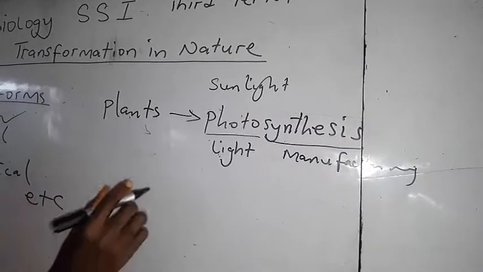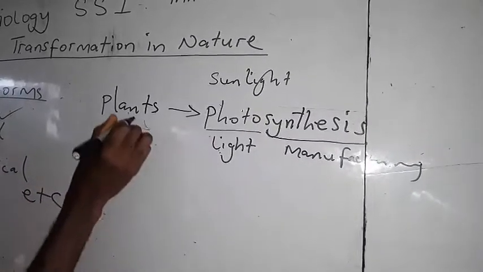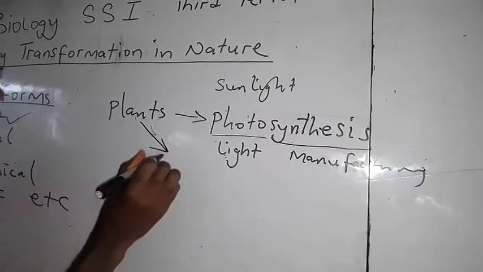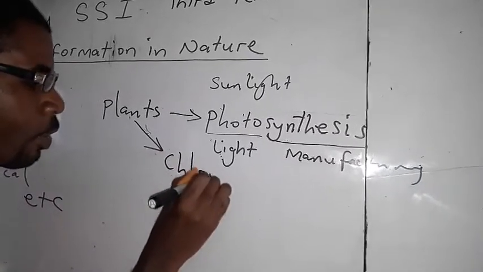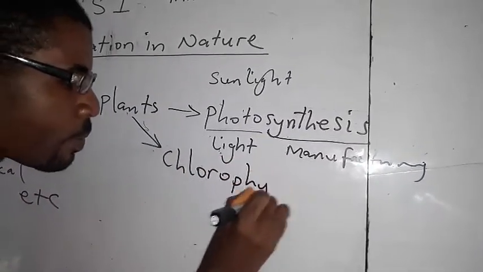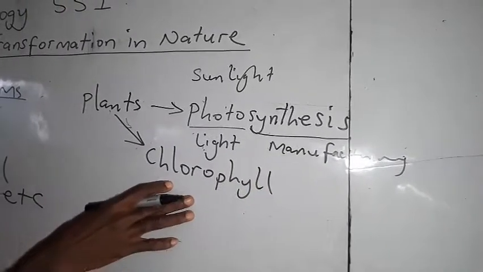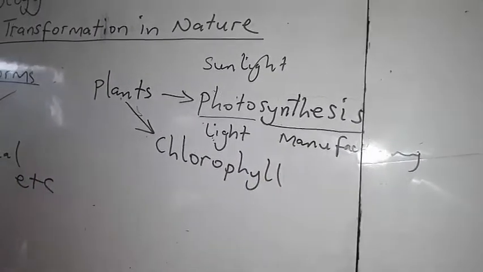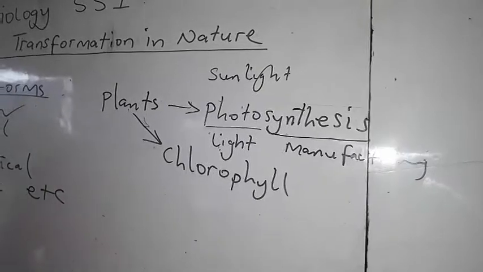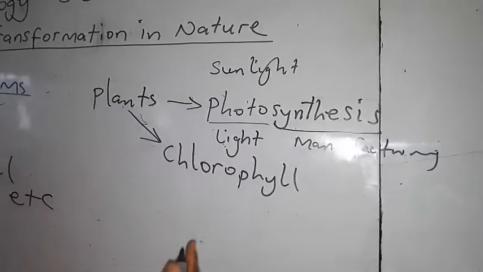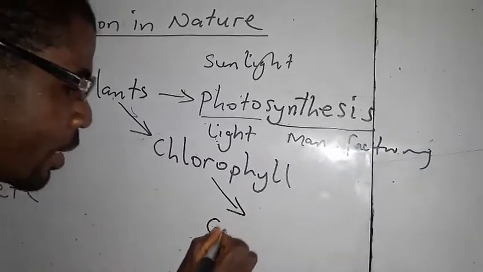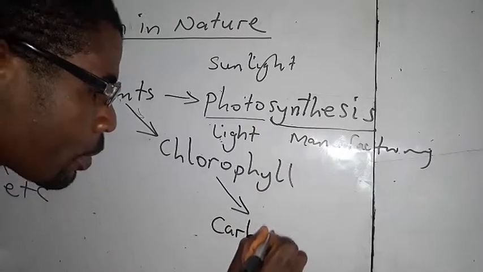Now, what the plant does is they get the sunlight and it is trapped by a pigment known as chlorophyll. With the help of this chlorophyll, the plant is able to extract the sunlight and convert it to food. In the long run, carbohydrate is given as a product.